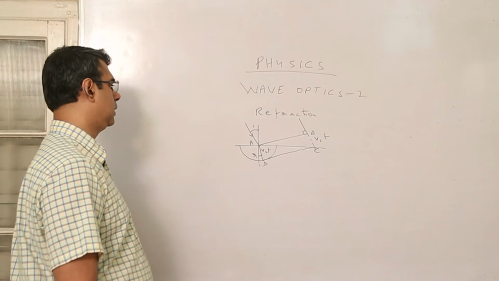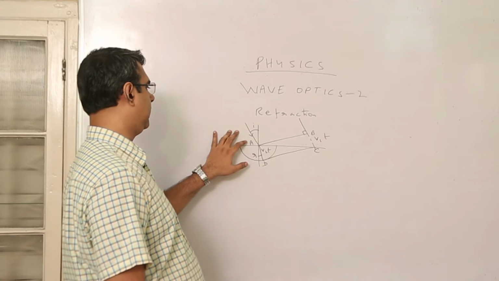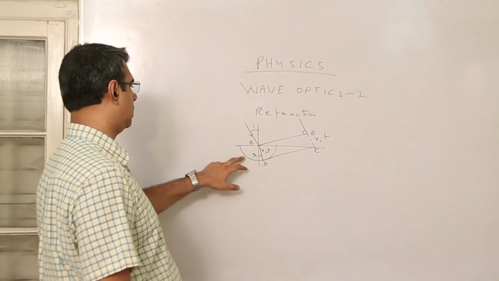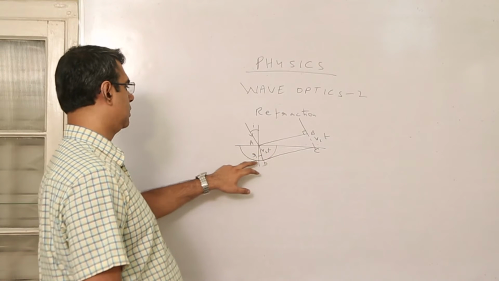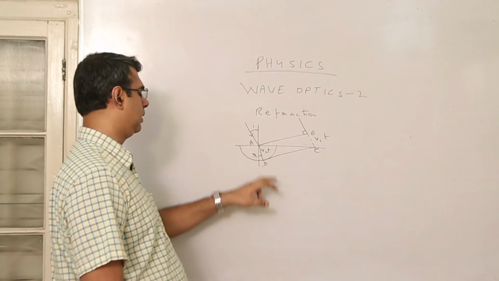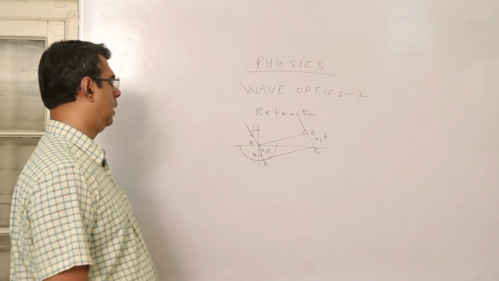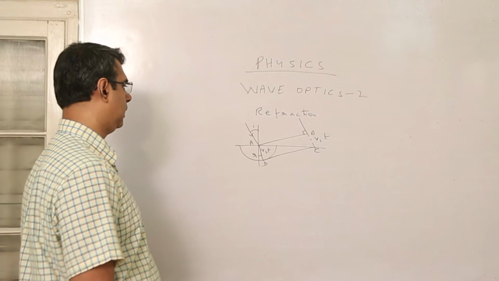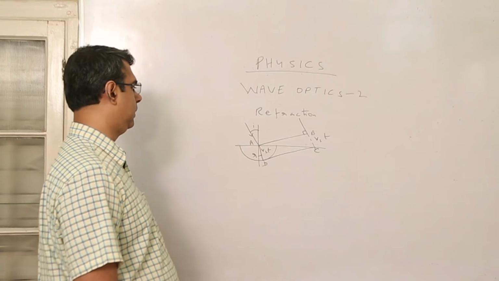So taking A as center and radius V2t, we will draw a secondary wavelet. Then from C, we will draw a tangent to this secondary wavelet. So the tangent will be CD.